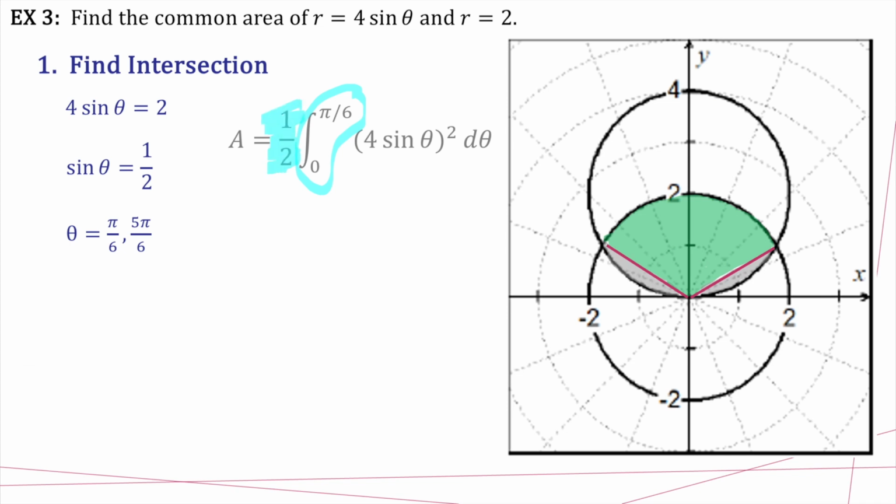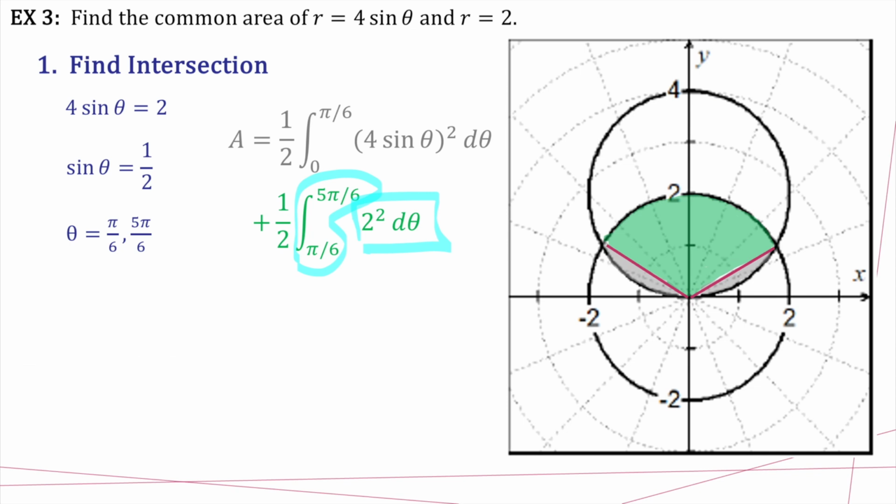And of course, we've got 1/2 r squared d theta, but it only involves 4 sine theta. Then the second part only involves r equals 2, and that goes from pi over 6 to 5 pi over 6. And then the last part goes from 5 pi over 6 to pi, and we're back to just using the 4 sine theta again. And you use your calculator to solve that one.